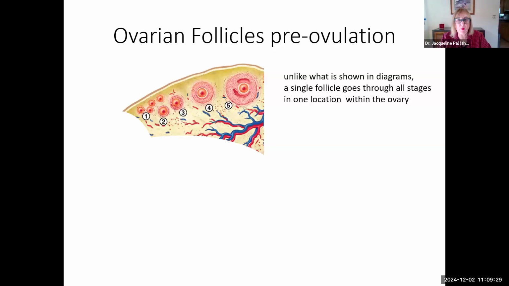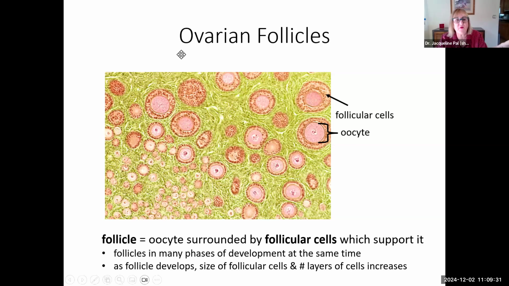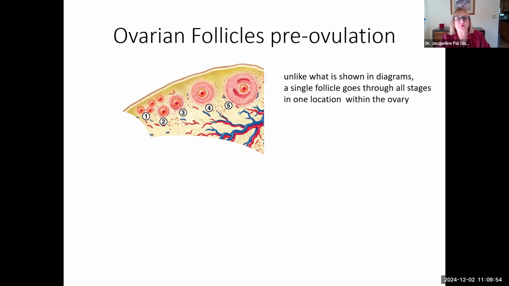As you can see from the previous slide, we have many follicles all in various stages, all at the same time. And wherever that follicle is located, that is its location. So if it is small in this location, this is where it's going to develop. It's not going to go around and move someplace else in the ovary to develop.